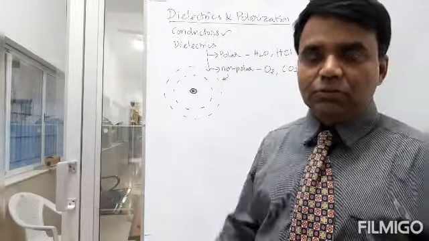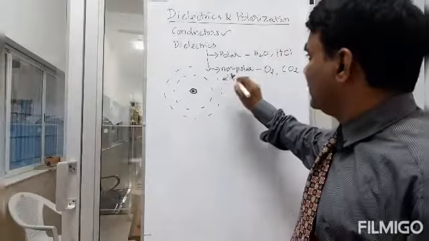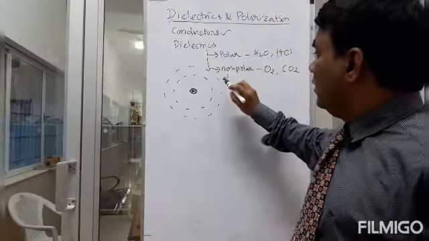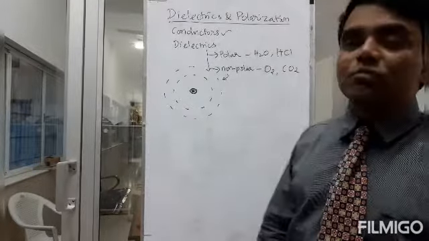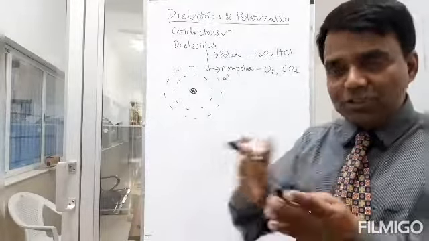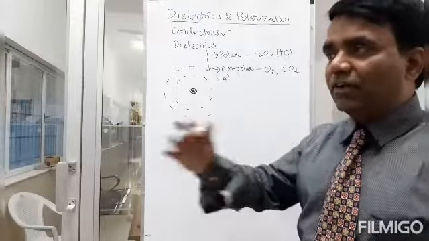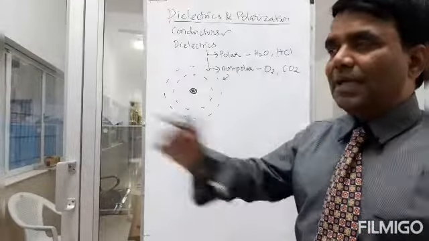So pretty much the same thing. But if you take the polar molecules, the centers are going to be slightly different. You won't find the same center for the positive and the negative charges.